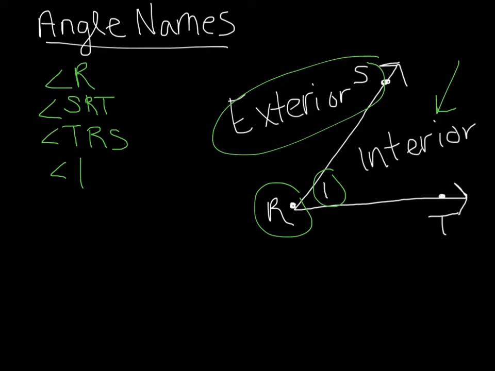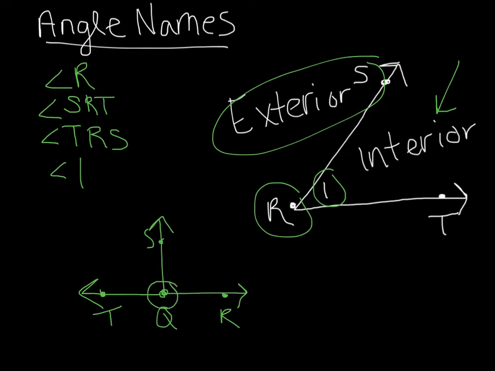So we cannot name an angle just by its vertex if the point is the vertex of more than one angle. So if we were to look at this angle right here, and this was Q, we'll call this R and S. And I also had another ray coming out from the vertex, and we'll call that T. I can't call this angle Q because I don't know which angle I'm referring to.